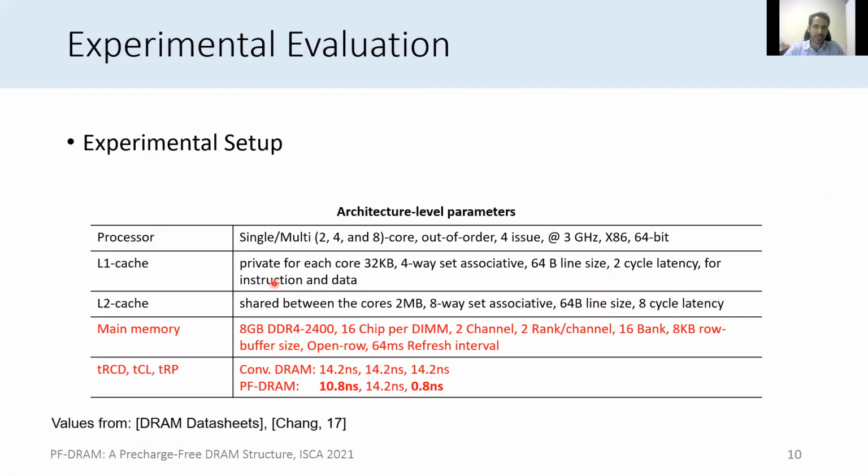Okay, let's take a look at some experimental results here. We evaluated PF-DRAM on single, 2, 4, and 8 core x86 systems with 8 GB of DDR4 main memory. We compared PF-DRAM with conventional DRAMs, and the pre-charge time is reduced from 17 clocks to 1 clock, which is more than the required time for disabling the sense amplifier and tri-state NOT gate.